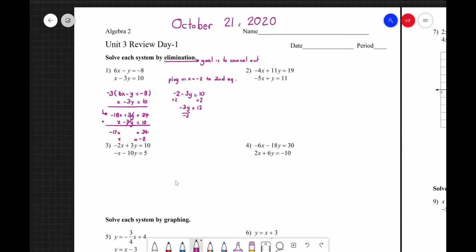Divide by negative 3. And y equals negative 4. So I have what x equals and I have what y equals. So my solution is negative 2, negative 4. And I used elimination to get there because I eliminated my y values, so that way I just had only x's to work with. And then again went back in and found my y value.